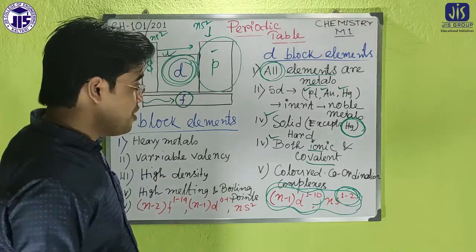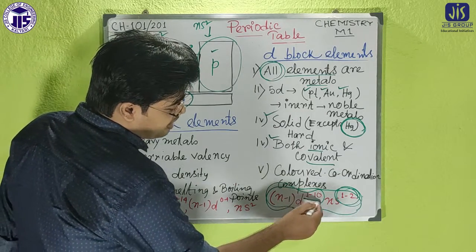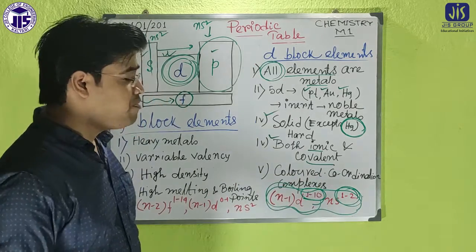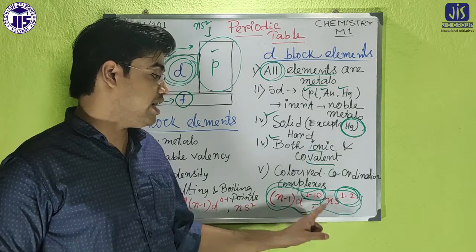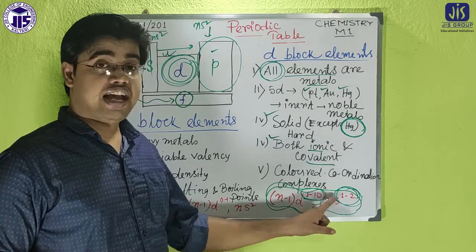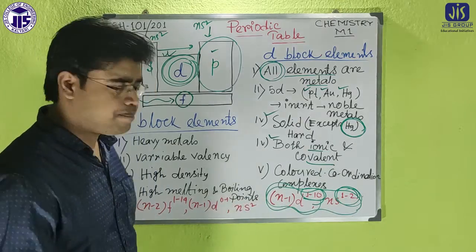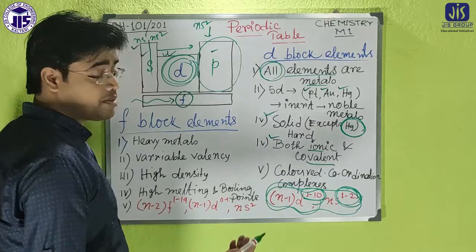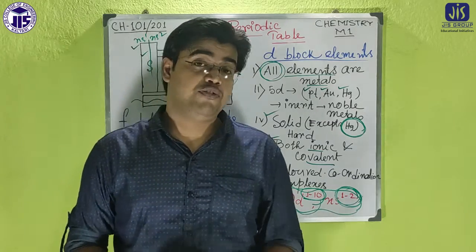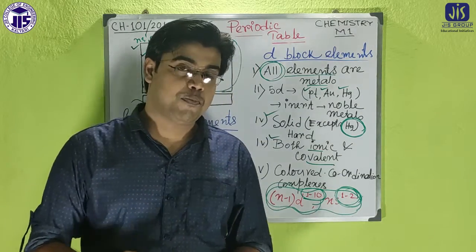So the d electrons are filled one by one. And why 1 to 2? Actually there are two possible cases, either before half-filled or before fully filled d orbitals.